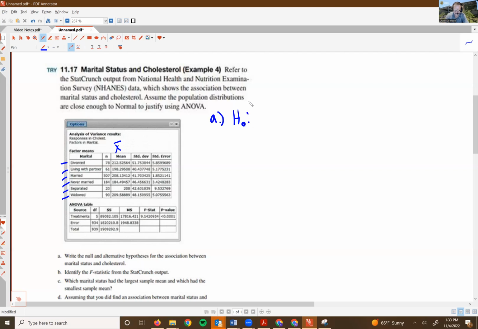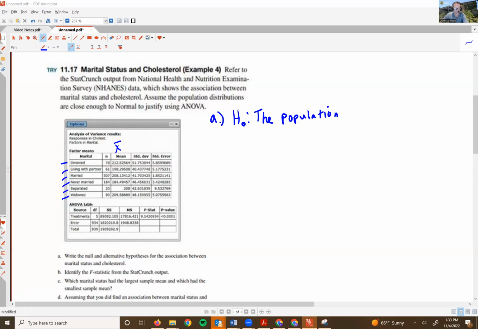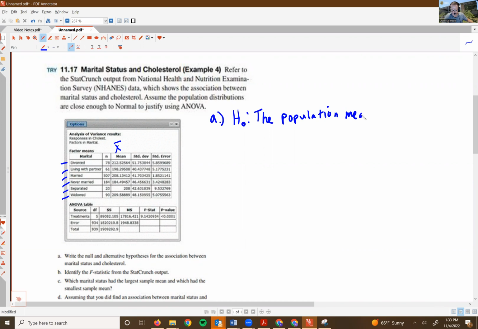Remember, the null hypothesis always says that there is no association between the groups and the cholesterol level. The generic statement is the population means are all equal.